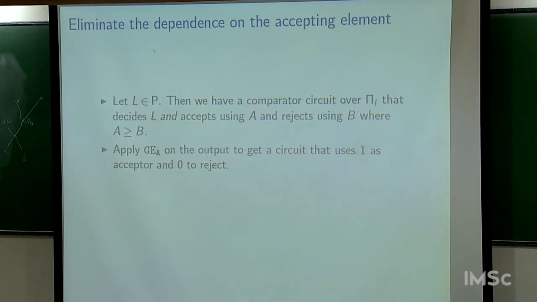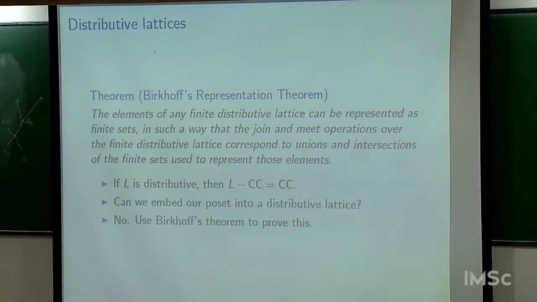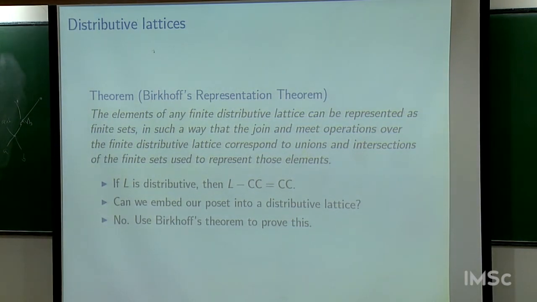So the question would be, we used the poset to show that arbitrary lattices could capture P, right? So is it possible to embed that poset into a distributive lattice? Actually, if we apply Birkhoff's theorem, we can show that that poset cannot be embedded into any distributive lattice. I'm not going to present the proof, but the idea is we use a proof by contradiction.